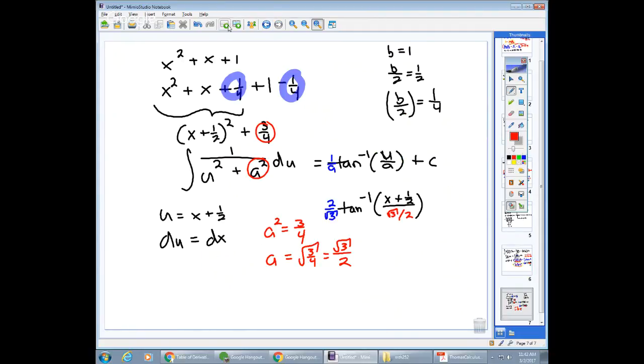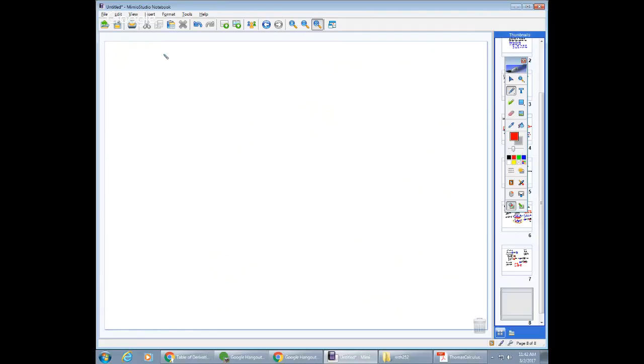New page. So we are trying to deal with x over, and I'm going to keep it in the completed square form, x plus 1/2 squared plus, and I'm going to write this as square root of 3 over 2 squared, so that it's of the form u squared plus a squared.